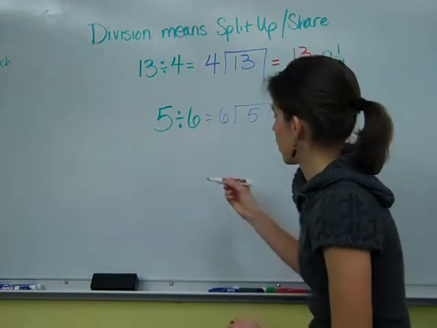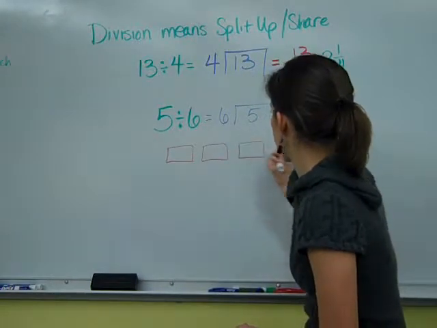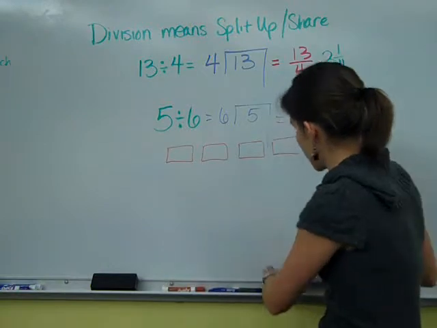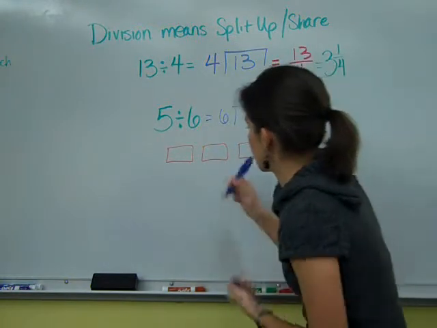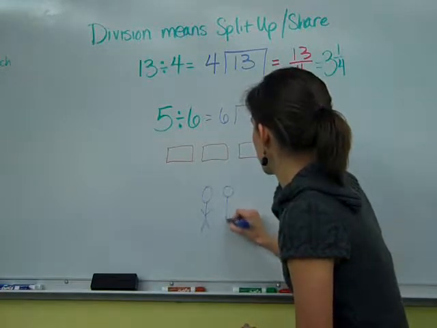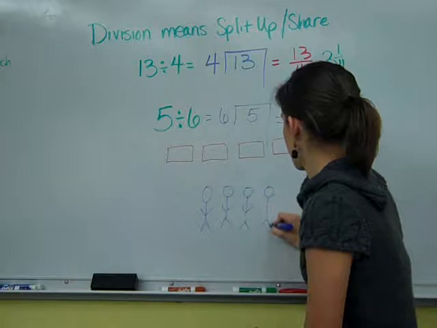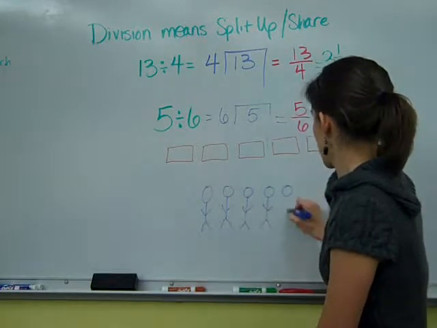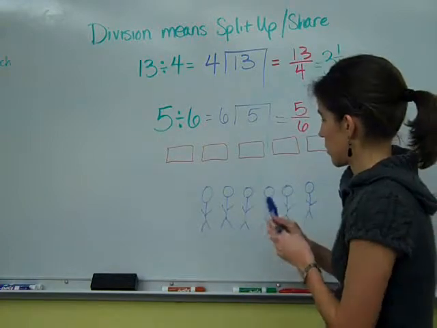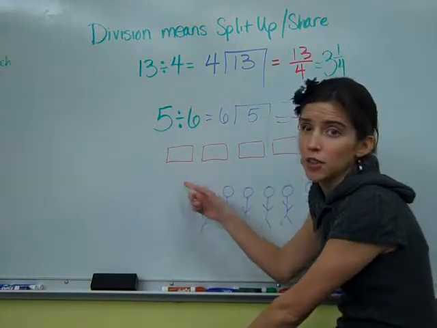Thinking back to our chocolate bars, if I've got 5 chocolate bars and I've got to split them amongst 6 people, let's say these are my 6 people. So unfortunately we know that each person's not going to get their entire chocolate bar.